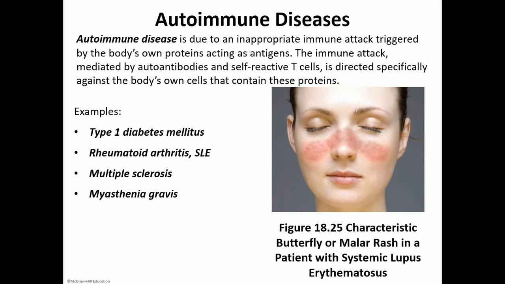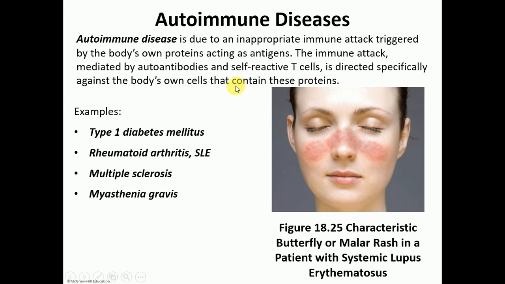An autoimmune disease is the inability of the immune system to identify your own antigens. Remember we talked about immune tolerance and how our immune cells are supposed to be able to identify our own cells. Well, something happened where that is not the case anymore.